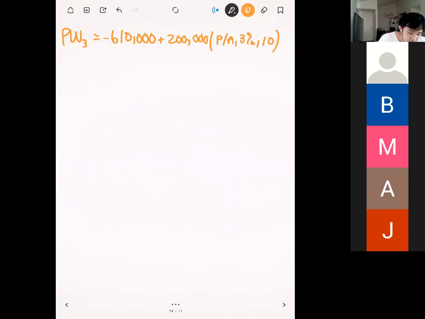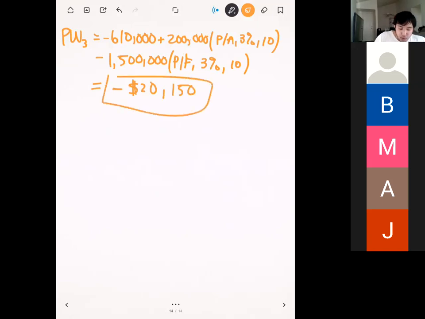There's our yearly revenue, and then we're going to subtract our salvage cost. Then you look up those numbers in the tables, or you use the formulas, and what you get is a net negative $20,150. So we have a negative number here, right?